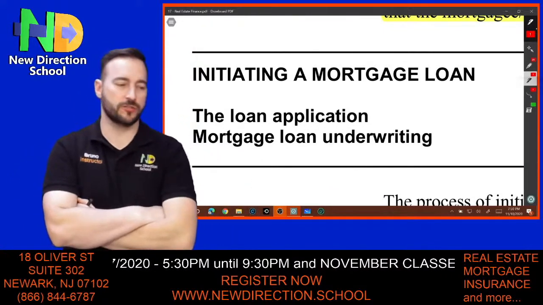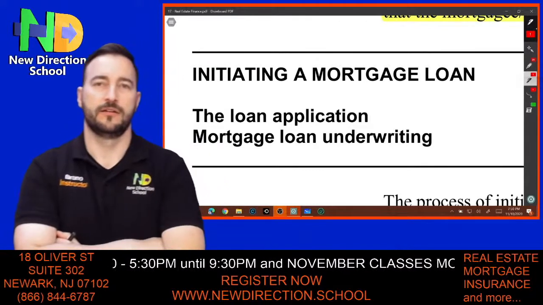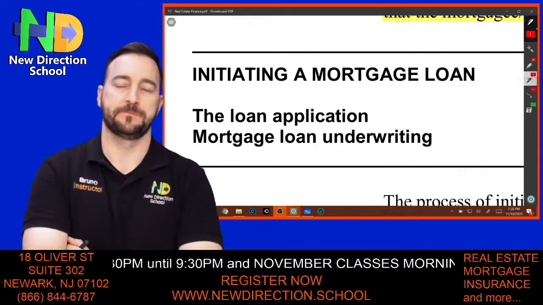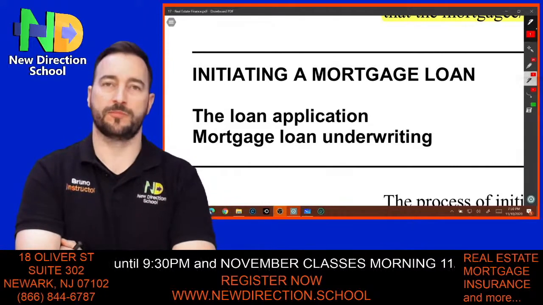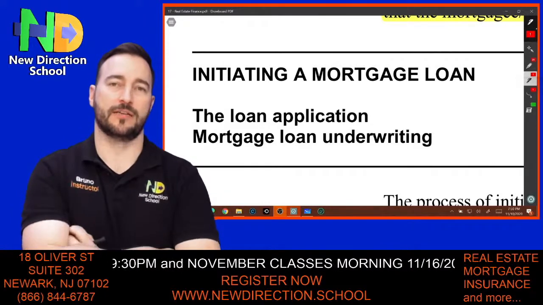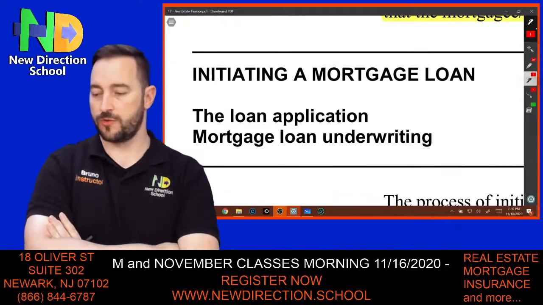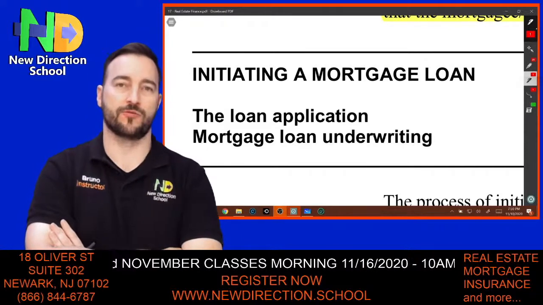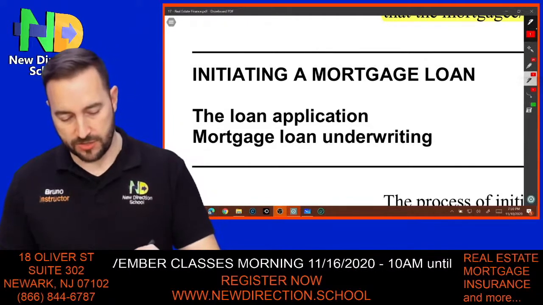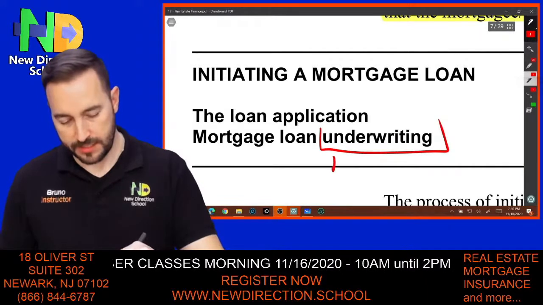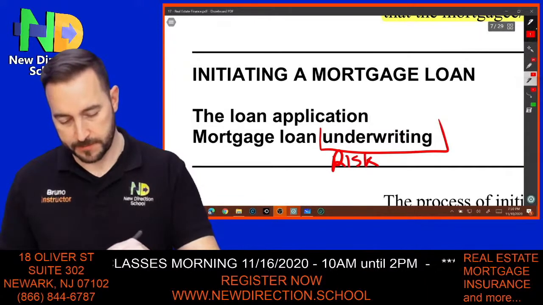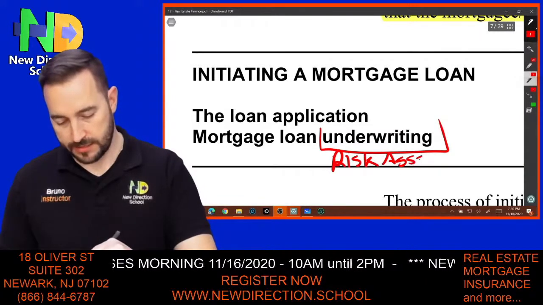When you start a mortgage loan, you start off by applying for a mortgage, right? Once you apply, you provide all the documentation. Then it goes through a process called underwriting. Now, underwriting is risk assessment.